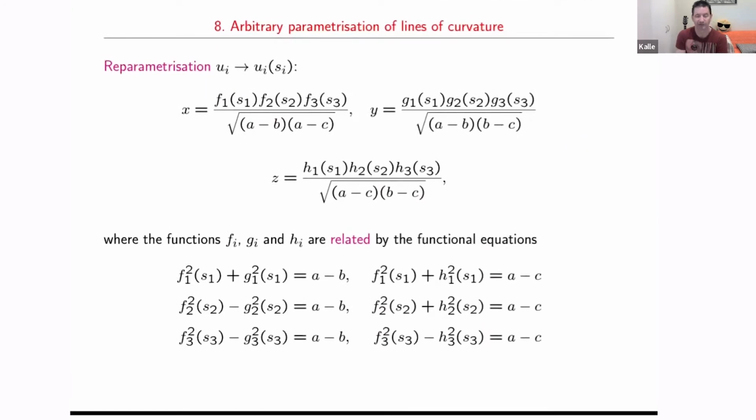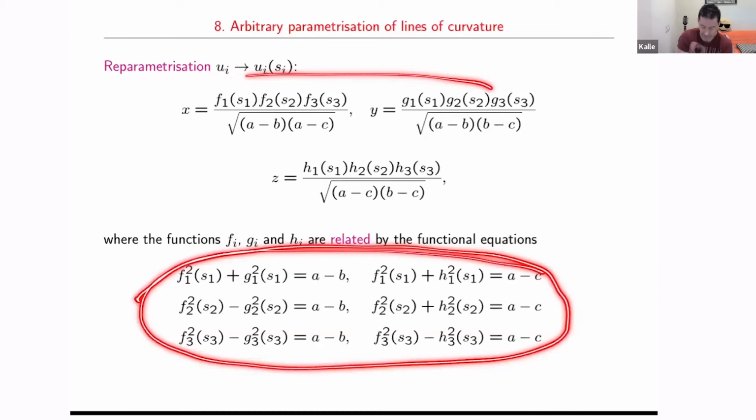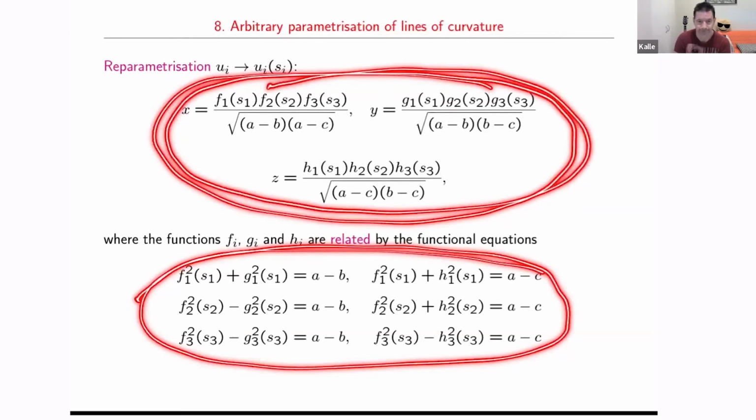So you can have a general parameterization. So here's the claim. You have these functions fi, gi, hi, as you can see. They only depend on one single quantity. And so x, y, and z are the coordinates in R3. And the claim is that if those functions are related by these functional relations, then this is a confocal coordinate system.